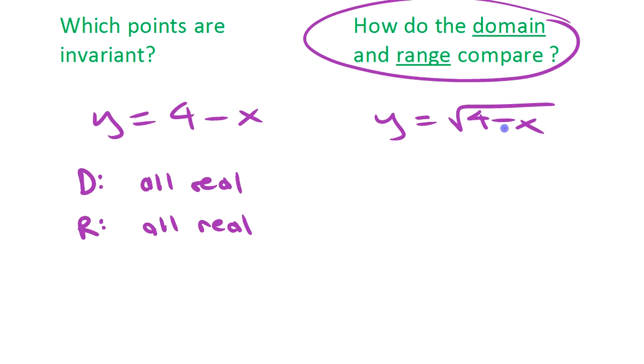The square root function, there's only certain values you can put in there for x. If you want to find them without even looking at the graph, you can just look at that part of it and think about it like we did before when we were making those tables of values. You can just write an inequality here that says, I know that this thing has to be greater than or equal to 0. 4 minus x has to be greater than or equal to 0. It can't be negative. And then you just solve that to find your domain.